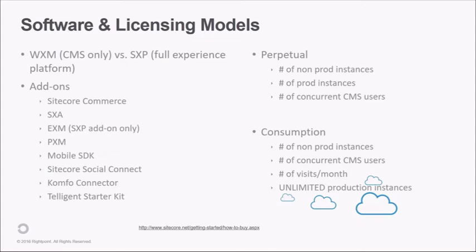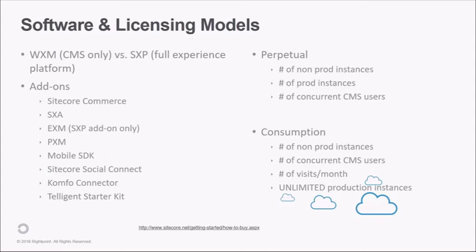There's also different licensing models around a lot of their add-ins, as far as commerce, the experience accelerator, the email platform. PXM is the print experience manager. So if you were a company who had to build glossy brochureware, that's their product for that.